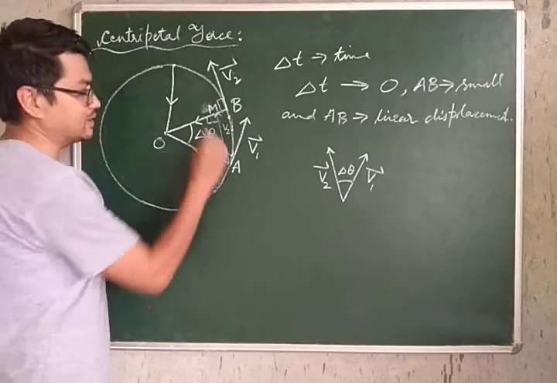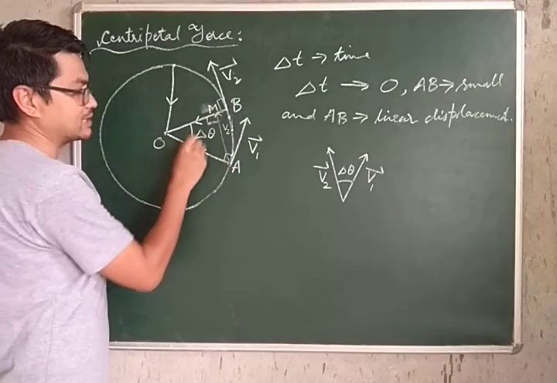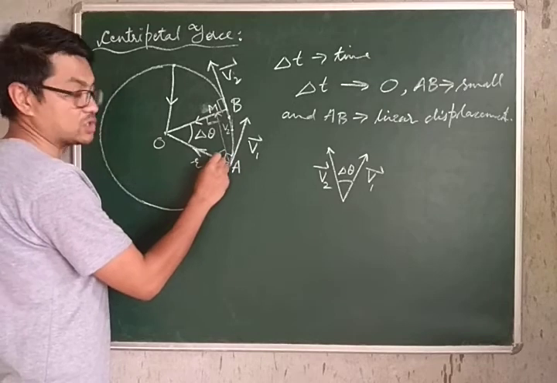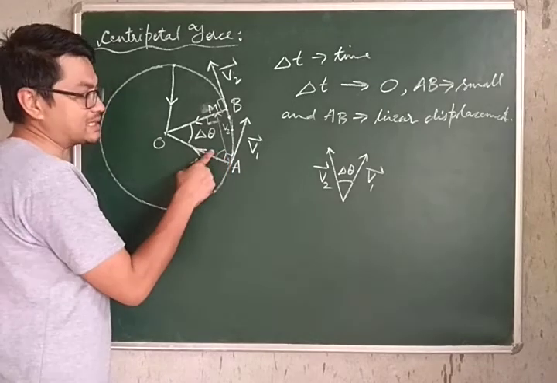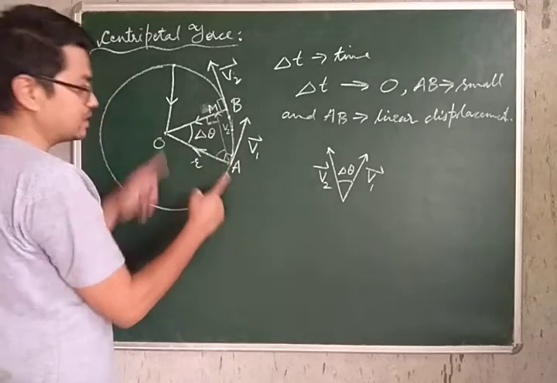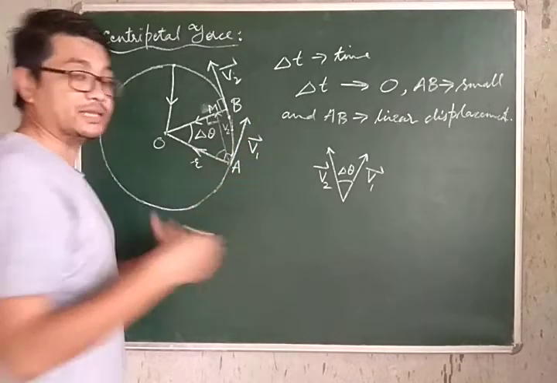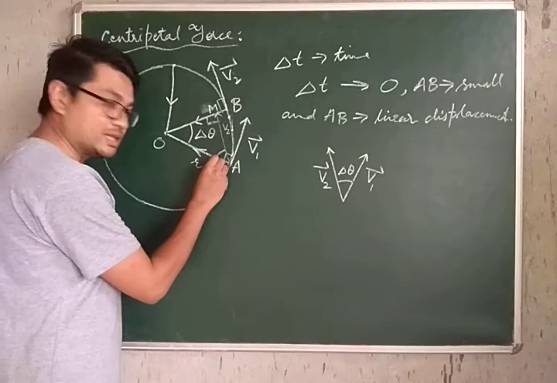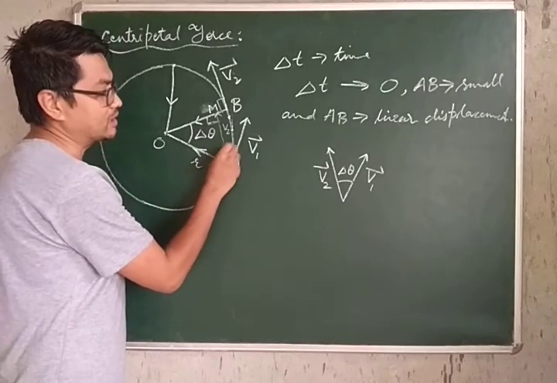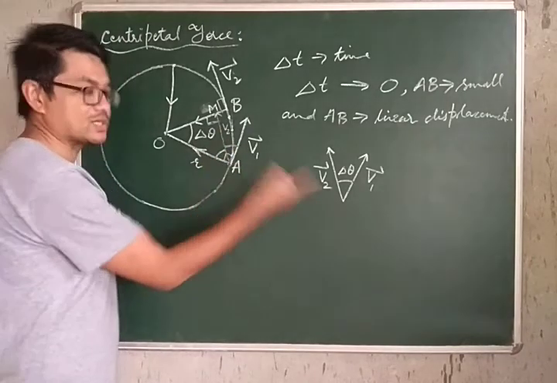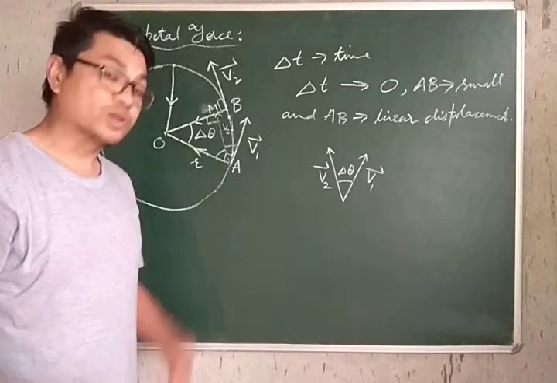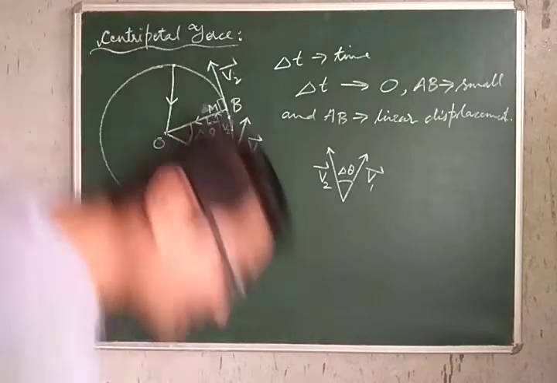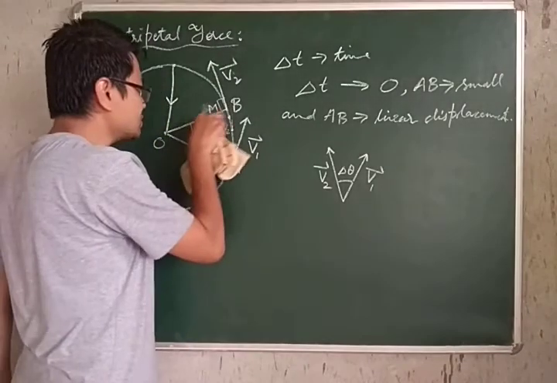Try to understand this clearly. This is the right angle over here. This angle is delta theta. So what should be the value of this angle? The value of this angle should be 90 degrees minus delta theta. But again, OA and this tangent are perpendicular to each other. So if this angle is 90 degrees minus delta theta, this angle over here, that is the angle between v1 and v2, has to be delta theta. You can prove it this way. Okay, so I hope the proof is clear. That was just to give you the proof.